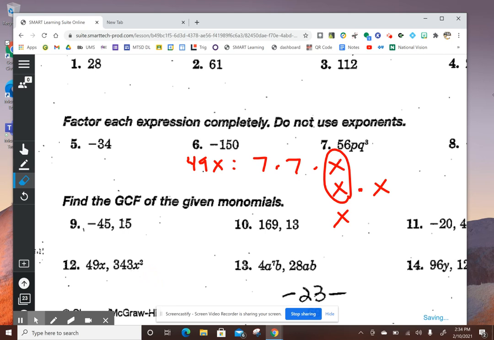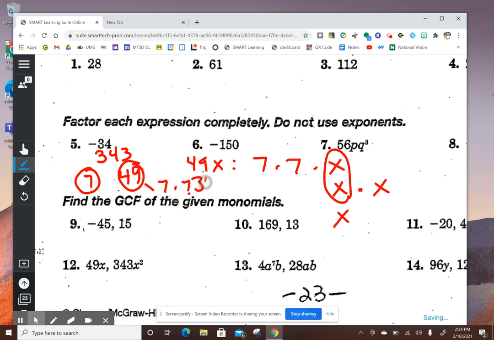Now, 343. Okay, I know 7 goes into 343. 7 goes into 34 4 times, and it goes into 63 9. So this ends up being 7 times 7.